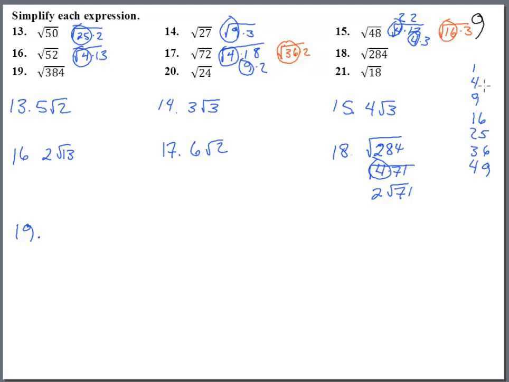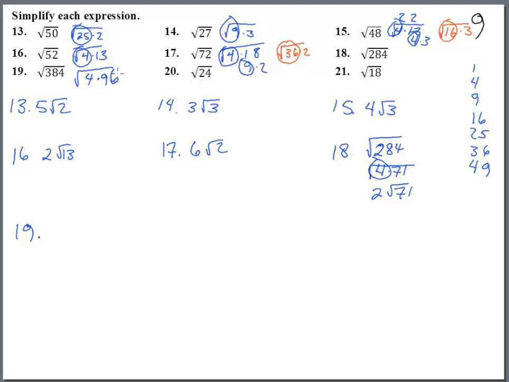Let's see if 4 will go into that guy. 4 goes into 384. Yeah, it'll work. So 4 goes into 38 9 times. This is really 4 times 96.